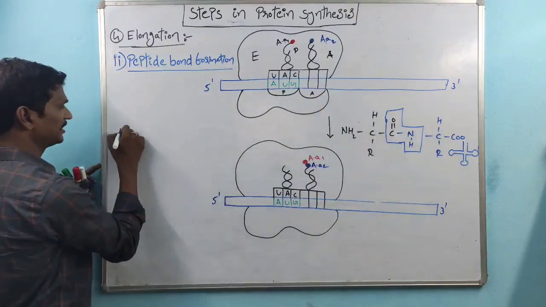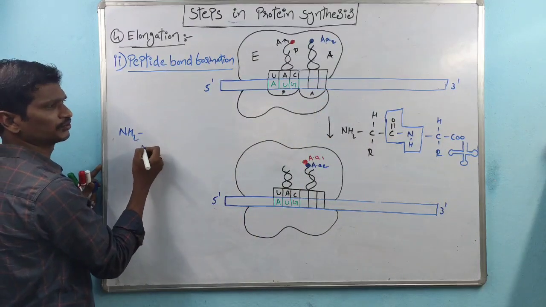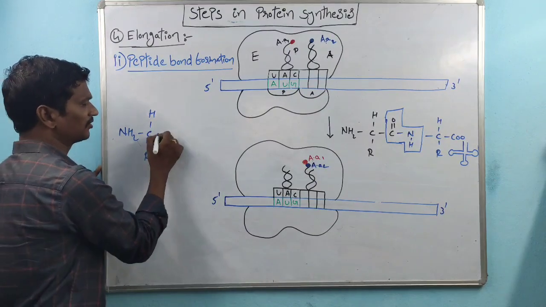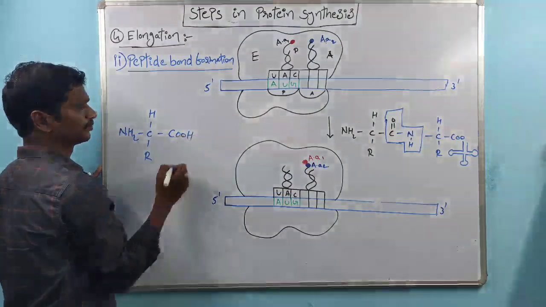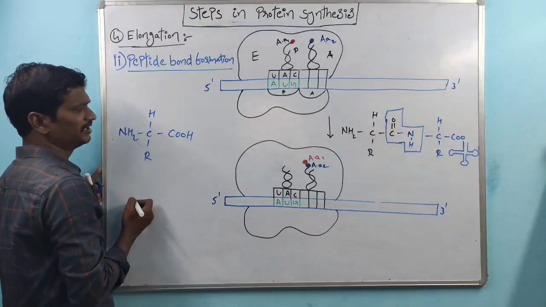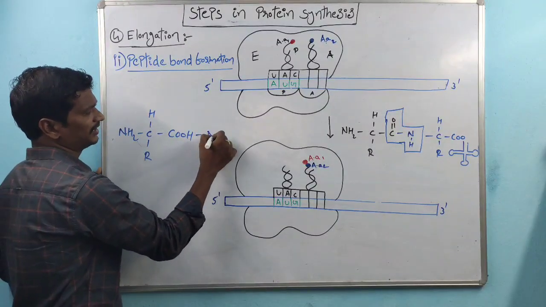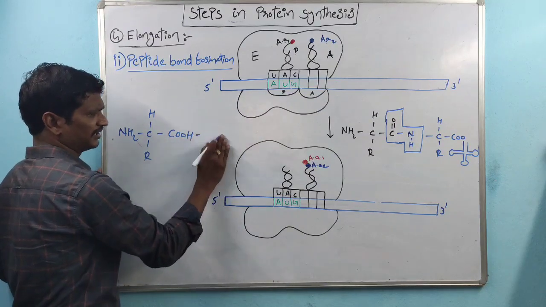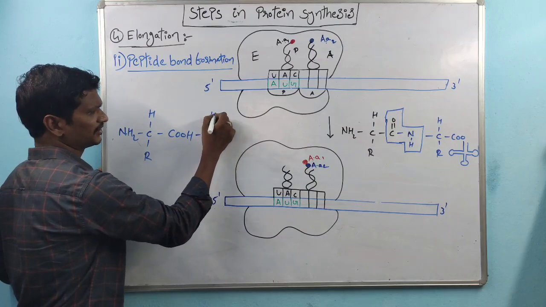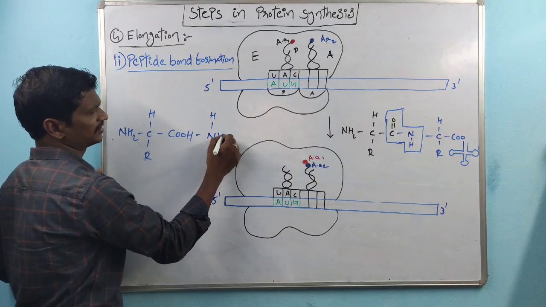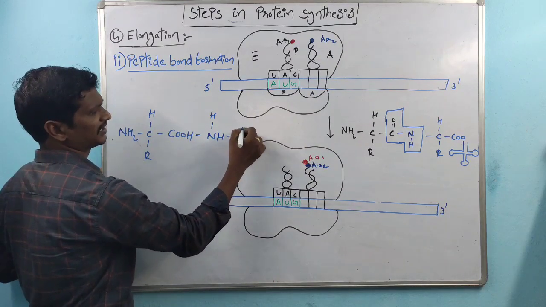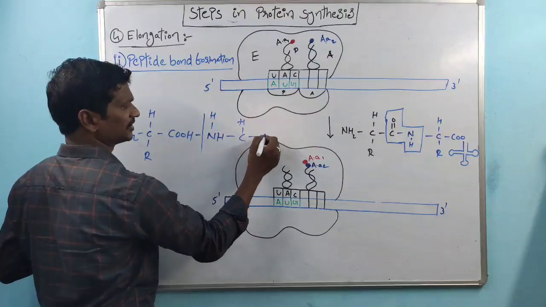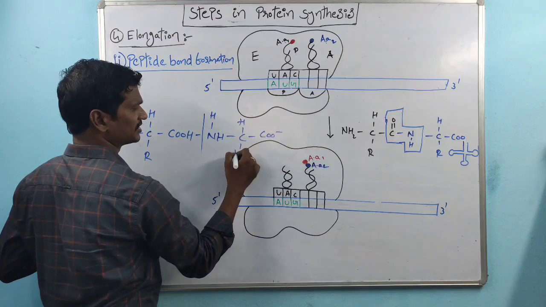This is NH2, and there is a CH, a side chain R, and the carboxyl group, initially COOH. Here NH2 becomes NH. This is the next amino acid structure, with a carboxyl group and side chain.